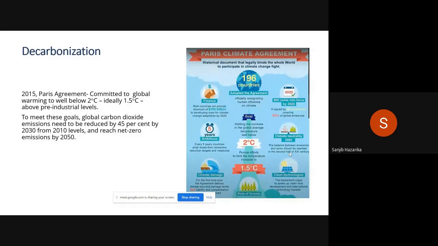One thing is the Paris Agreement in 2015, when it was committed to keep global warming well below 2 degrees Celsius above pre-industrial level. To meet this, carbon dioxide emission has to be reduced by almost 45%, and it has to be almost net zero by 2050.